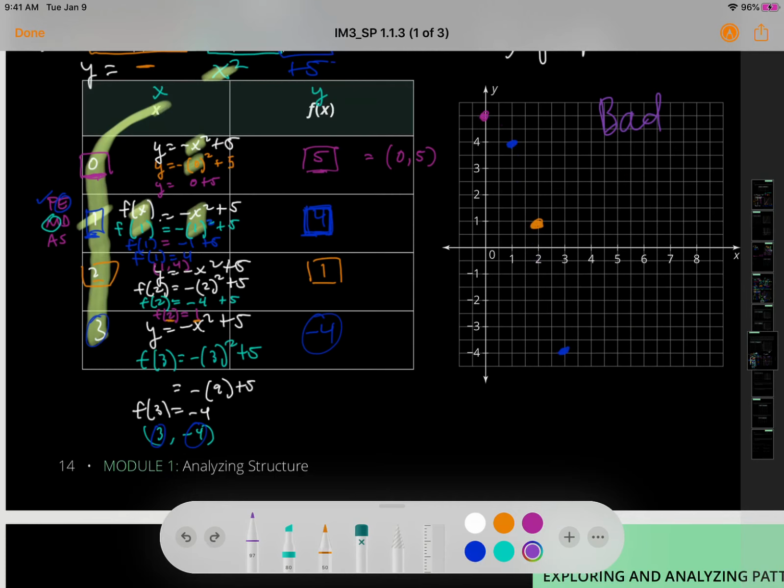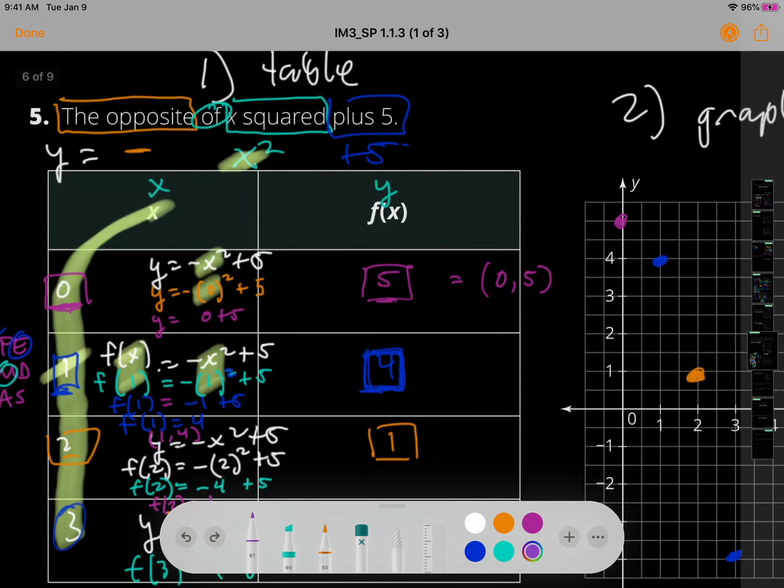Okay. The correct way is to look at your function families. Okay. So recognize that this is a power of 2. Power of 2 basically means, let's do this color-coded, okay? So the parent graph is going to be looking like this. It's a parabola, that's x squared, okay?